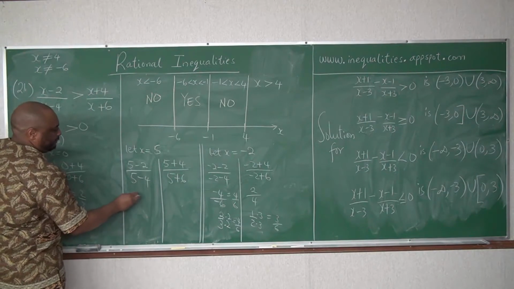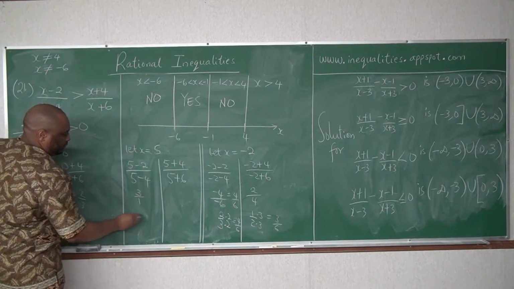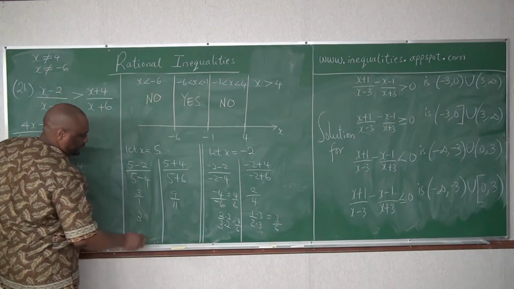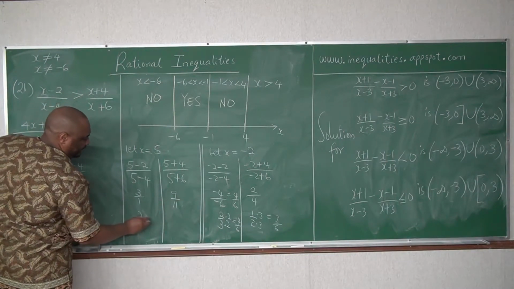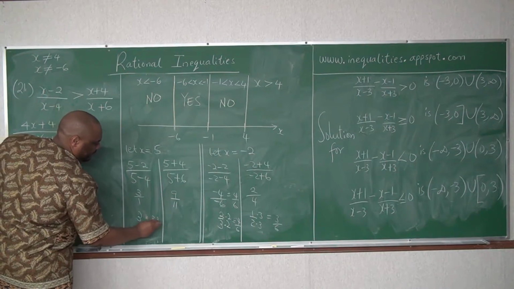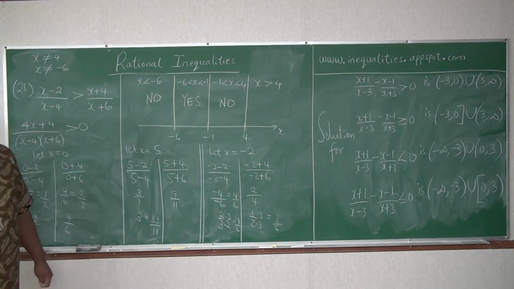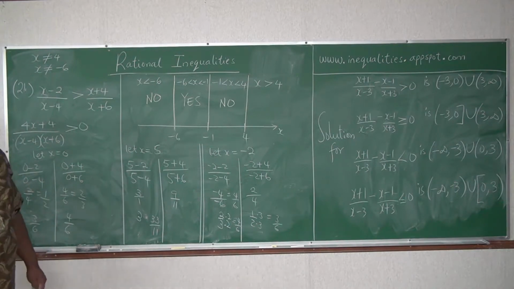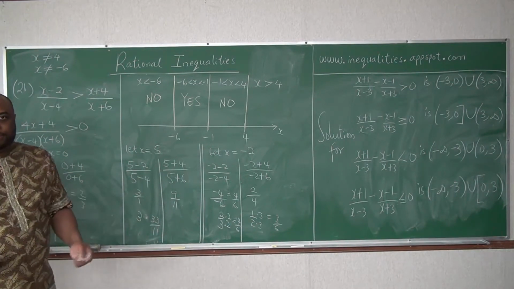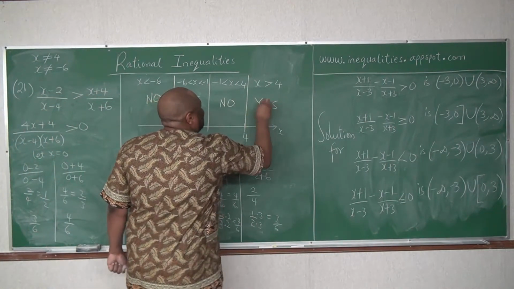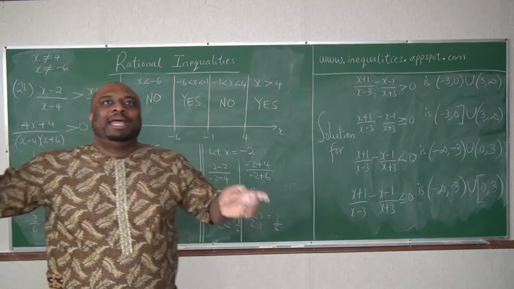So we have 3 over 1, which is 3. Here we have 9 over 11, and 3 is 33 over 11. So 33 is greater than 9. So this is yes.